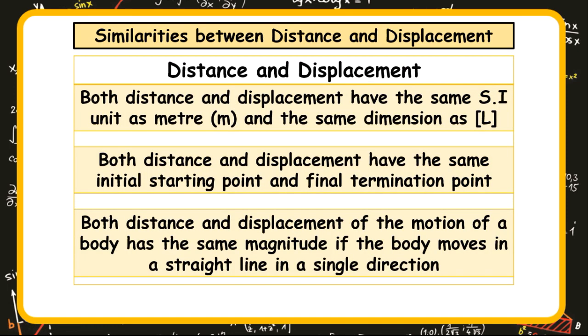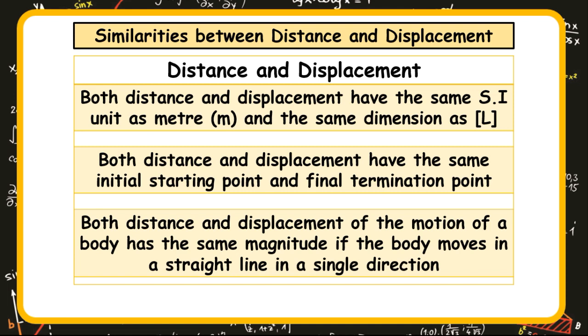Then lastly, both distance and displacement of the motion of a body have the same magnitude on the condition that the body moves in a straight line in a single direction. What this means is, if the path isn't crooked, but it is A to B and it's a straight line, then in this case, distance is from A to B on that straight line, and displacement is also from A to B on that same straight line.